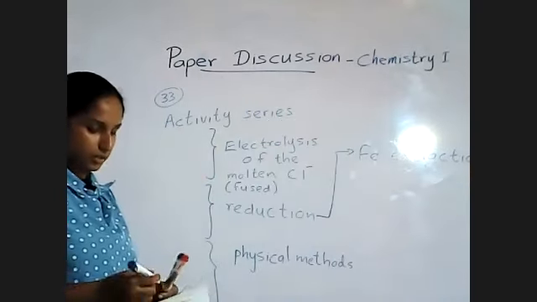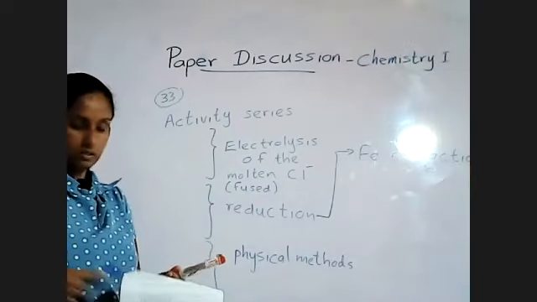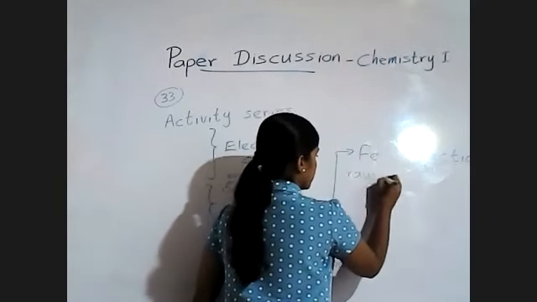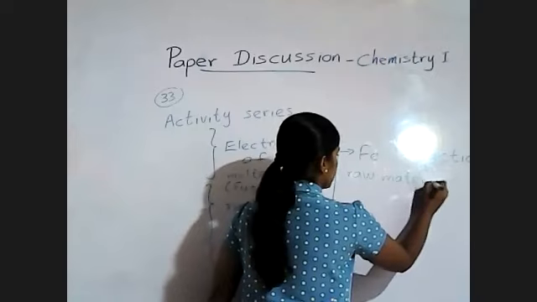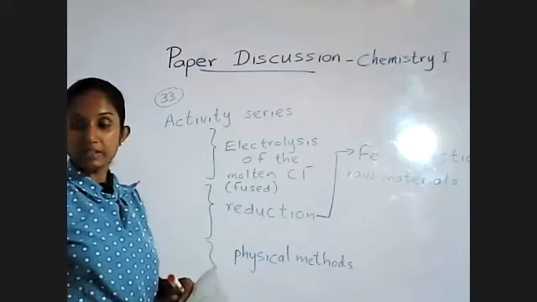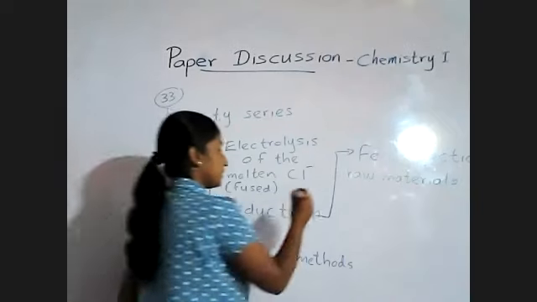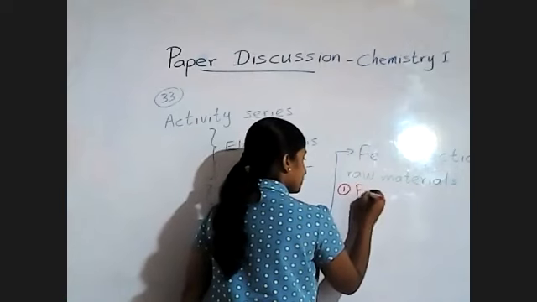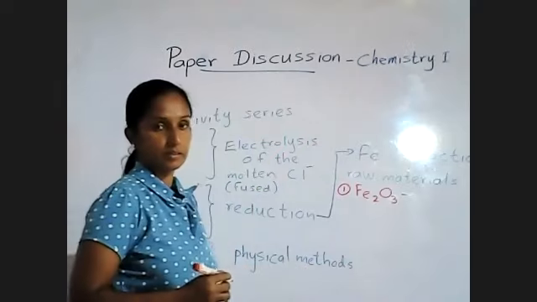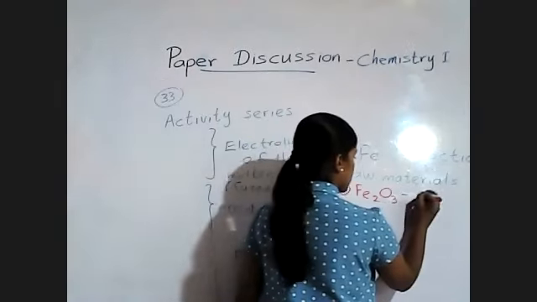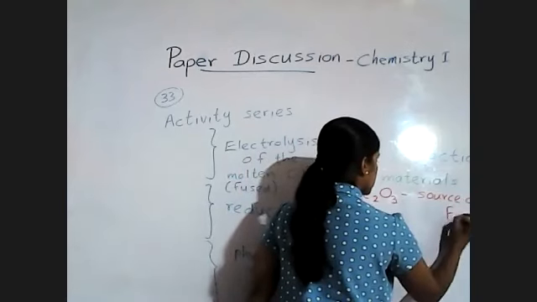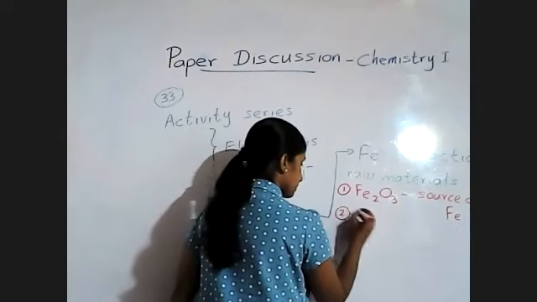Under the reduction method, we use iron extraction. From the top of the blast furnace, we add three raw materials. The first one, hematite, the source of iron. And we use coke.